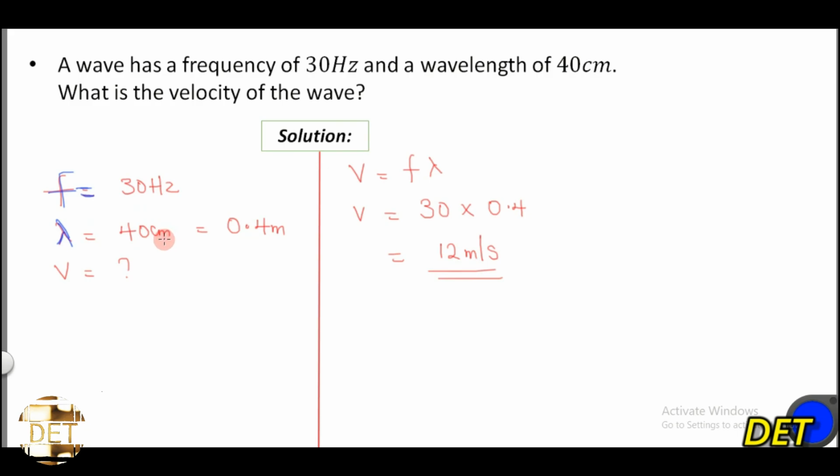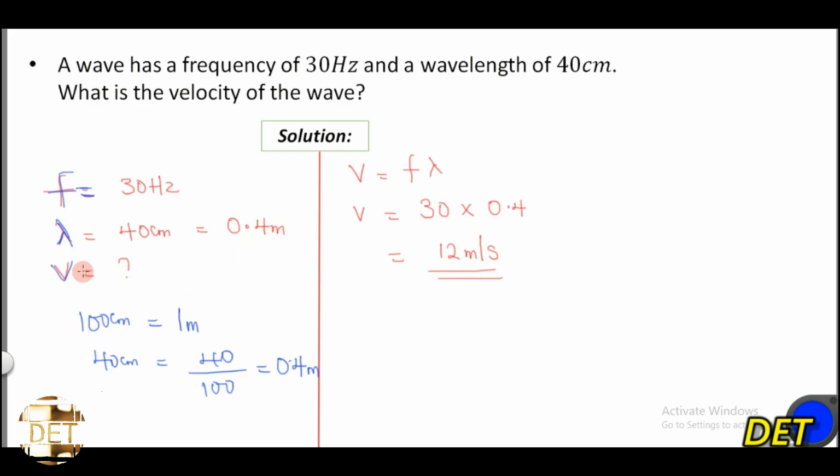The SI unit of distance is meters and not centimeters. So the first thing that you want to do here is to convert these centimeters to meters, right? Knowing fully well that 100 centimeters is equal to 1 meter, then your 40 centimeters will be equal to 40 divided by 100, and that will be equal to 0.4 meters, right?